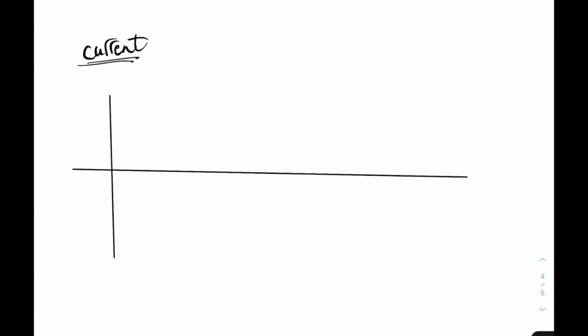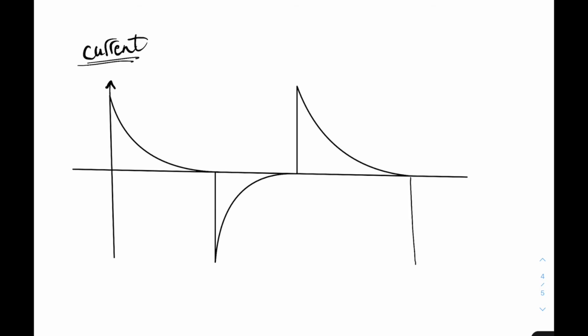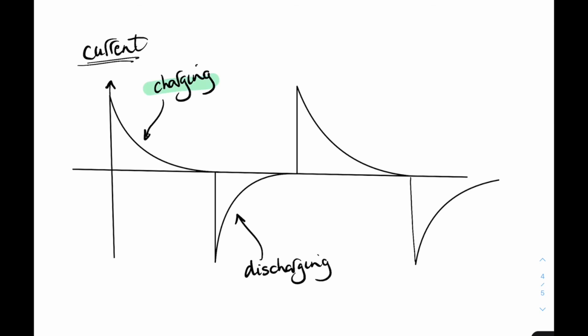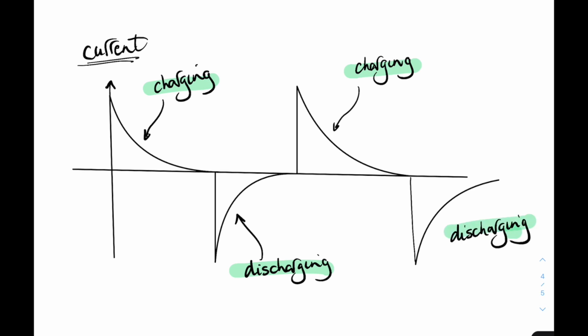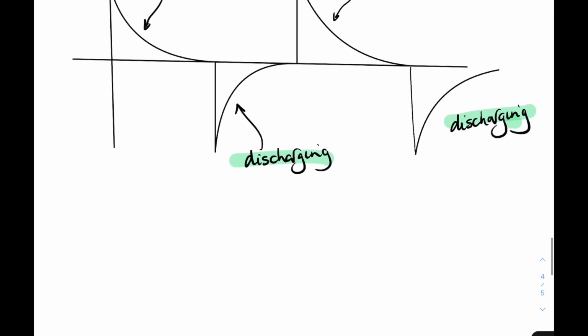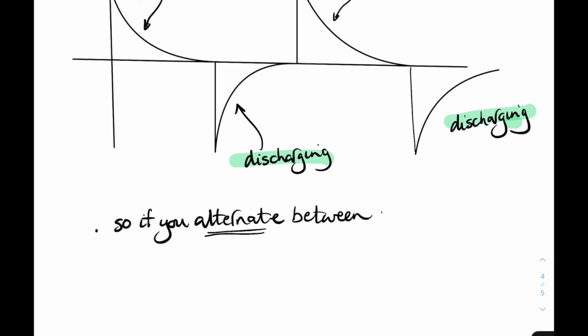What about the current graph? Remember, current changes direction, so it's going to start off at a maximum, decrease to 0, then it's going to go negative, and then that's going to repeat, and so on and so on. Charging, discharging. Then it repeats, position A, position B. So by moving the switch back and forward, we're alternating the direction in which the charge can move.